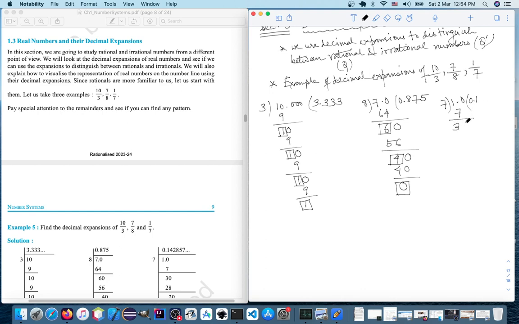We got remainder 3, then 4, 28, we got remainder 2, then 0, then 2, we have 14, remainder 6, 0, then we have 8, 56, we have 4, 0, we have 5, 35, we have remainder 5, 0, we have 7, 49, 1, 0.